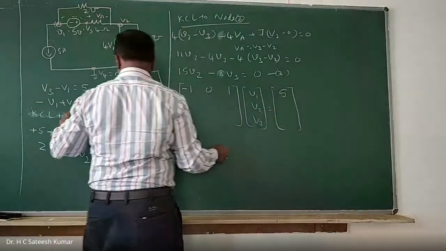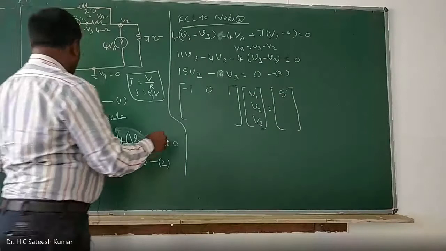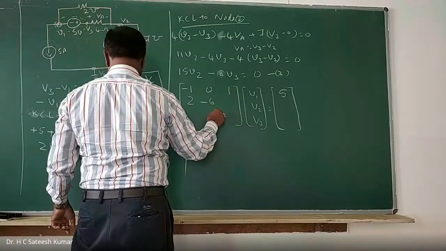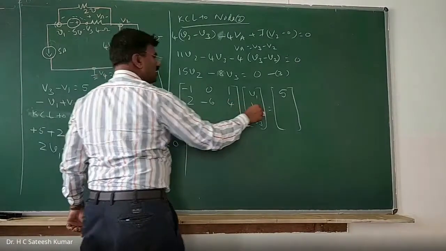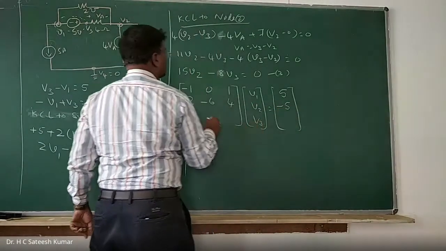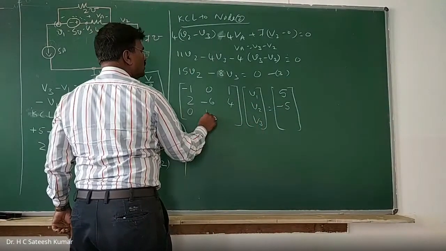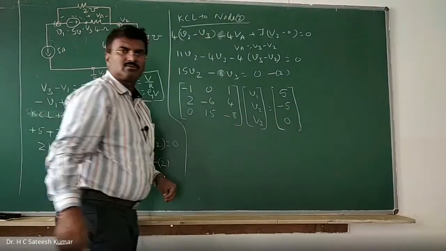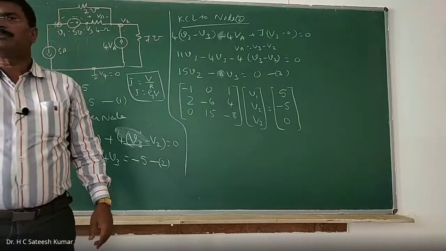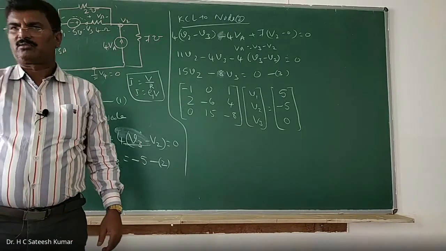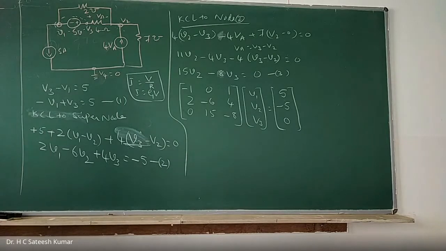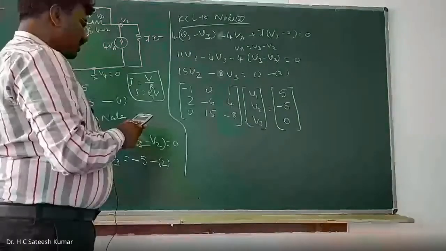Similarly, second equation we have 2, -6, 4 and -5. And third equation 0, 15, -8, 0. Solve this one and check it and tell me the values.